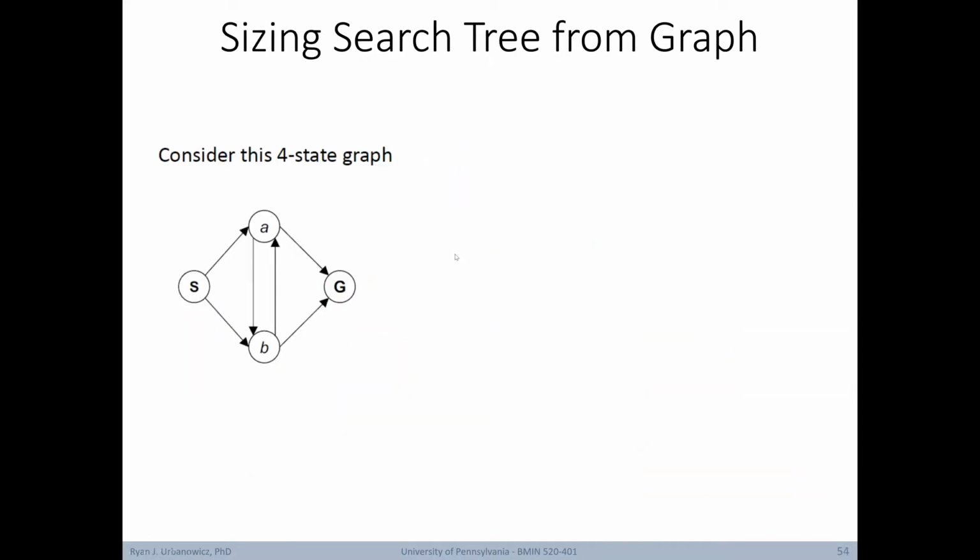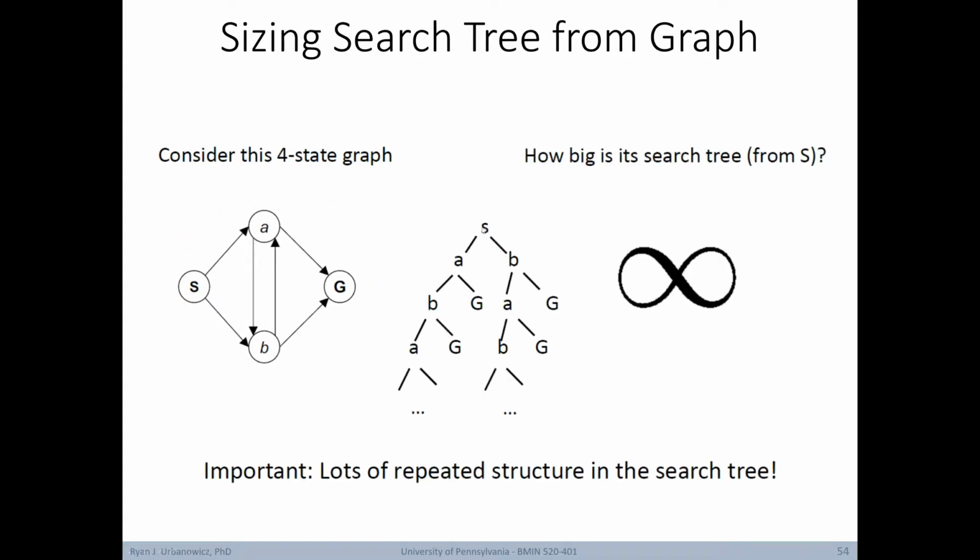In thinking about how to build a search tree from a search graph, let's also consider this simple four-state graph. If we tried to make a search tree from this graph, we might find that the tree is actually infinite in size. This is because there ends up being loops in this search graph. In other words, you can go from S to A to B, back to A, back to B, back to A, and so on.